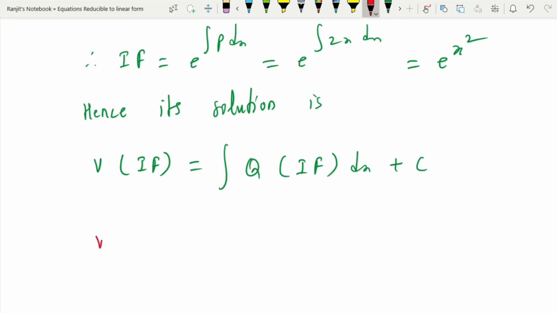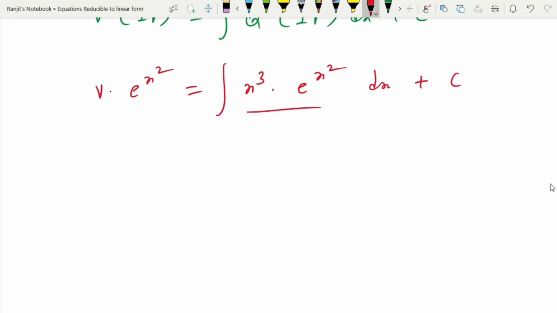Here IF is e to the power x square, so it is integration of q, which is x cube, times e to the power x square dx plus c.